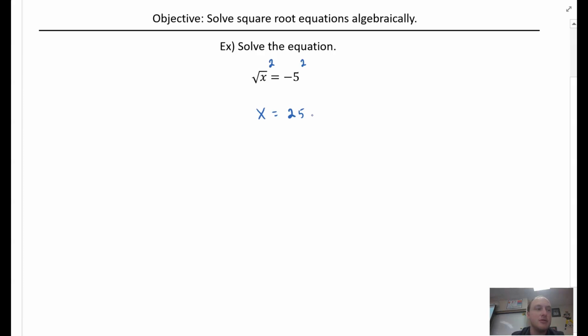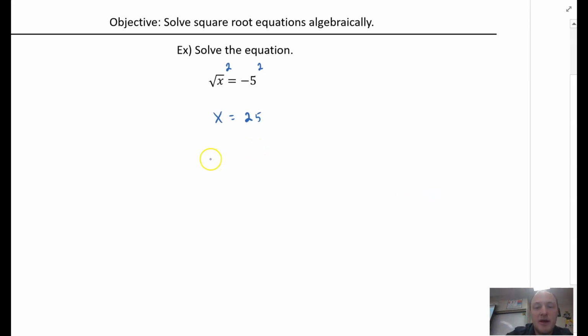Some bad things are going to happen when you square a negative, but I'll go ahead and plug this in. So I get the square root of 25. Is this equal to negative 5? Well, no, the square root of 25 is just 5. It doesn't equal negative 5.